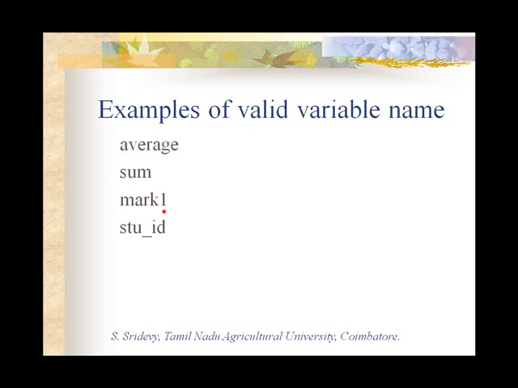Mark1 starts with a letter, and it can be any combination of characters and numbers, so it is a valid variable name. STU underscore ID: the only allowed special character is the underscore, so it is a valid variable name.